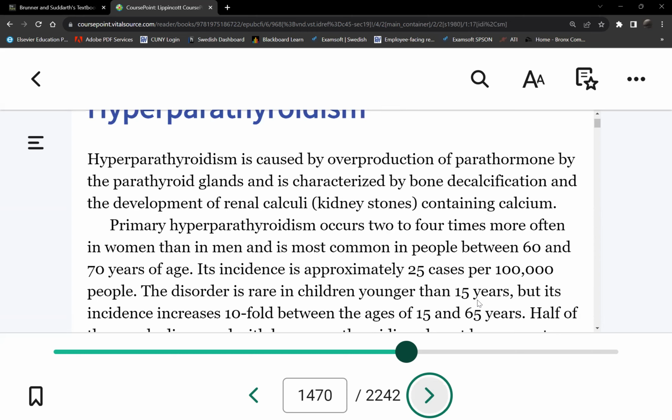Remember, 99% of our calcium is in our teeth and in the bone. Only 1% of our serum calcium is in the blood. So at any given time, there's only a specific amount of calcium, between 9 and 10 is the normal level in the bloodstream. So whenever we need more, we simply take it from the bone.